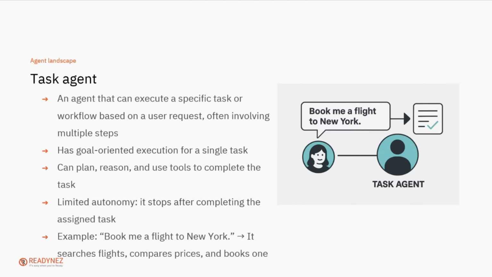You may have heard of tools like MCP servers, agent flows, connectors. It uses those to do that. But again, it just does the task, then stops. It doesn't have a long-term goal. It's goal orientated for a single task, and it works out what it needs to do, does the task, and then stops.